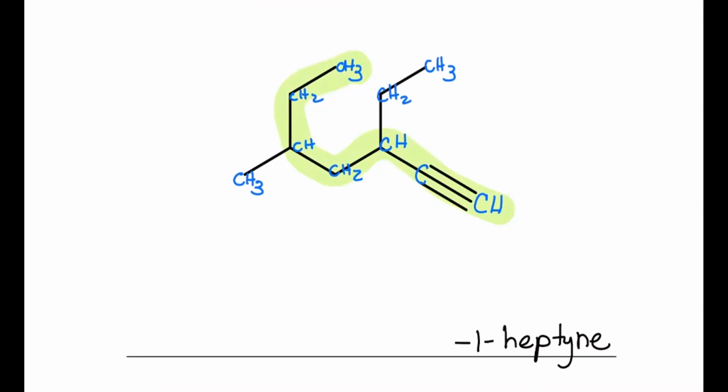Although in the drop-down menu, you may see things that are not correct just because it's a little bit of everything. So for this one, we have a 3-ethyl-5-methyl-1-heptyne.